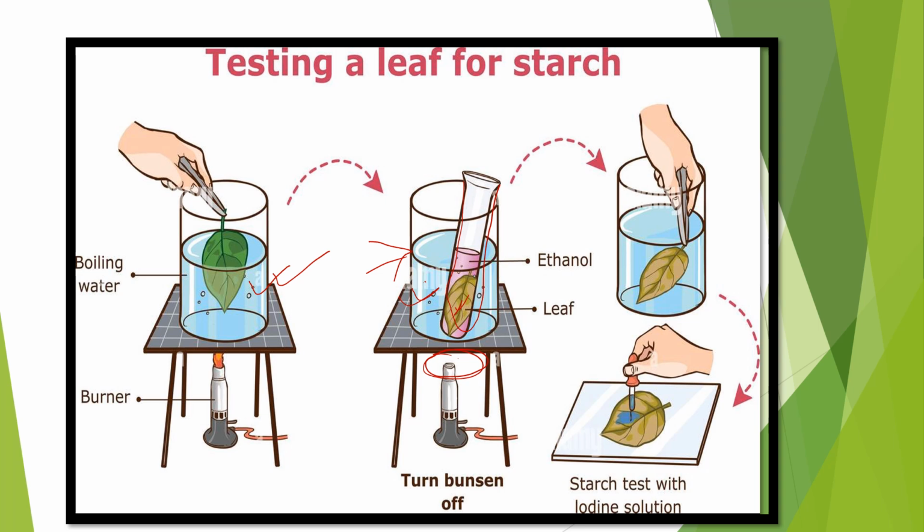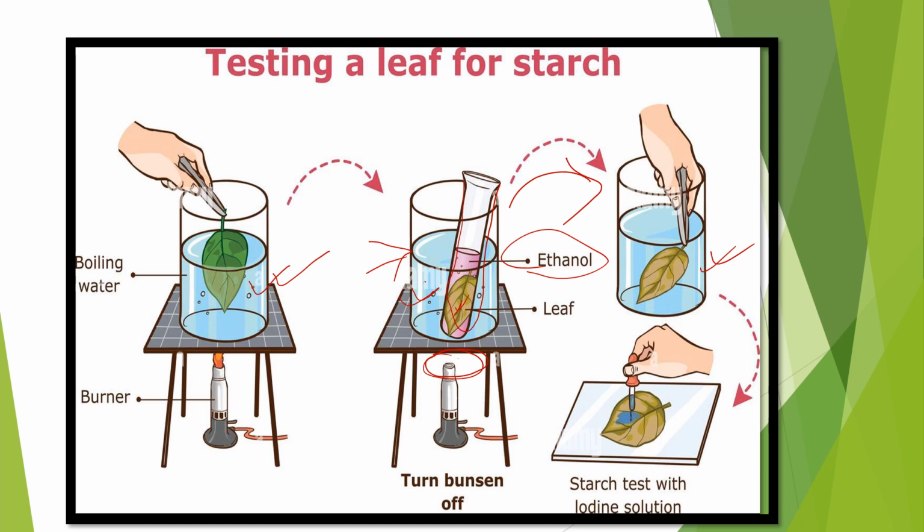But if it is in a water bath, it will boil normally. Now the chlorophyll is dissolving in it, and the leaf becomes very pale. You can see that. Now we are removing the leaf and washing it in warm water so that the ethanol is washed away.